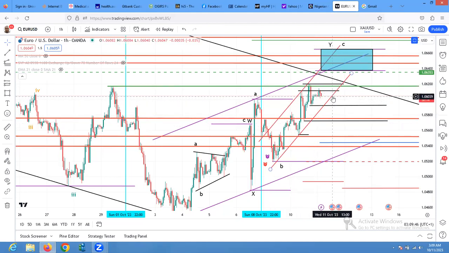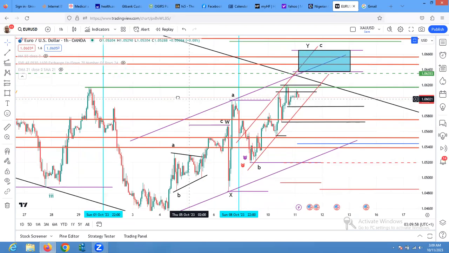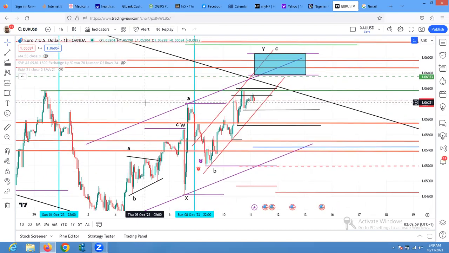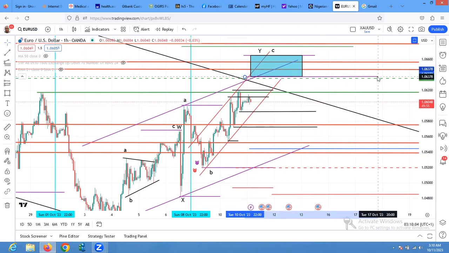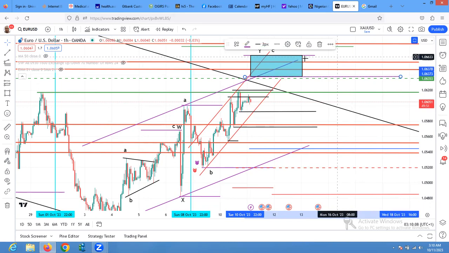Once you break this trend support, this wave is ended and you are coming to do a big B. And that big B should give us at least a 50%. This is 100. And this is 123.